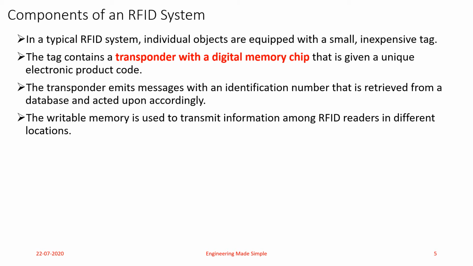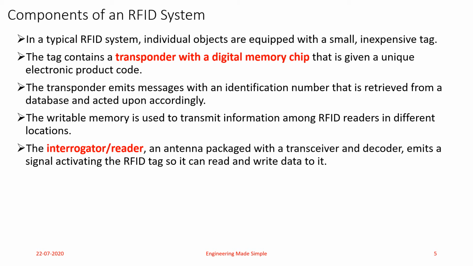Before transmitting any information, it has to be written in the writable memory of the RFID tag. So if you want to transmit information from an RFID tag to different RFID readers, suppose in different locations, the first important step is to write that information in the writable memory of the RFID tag.